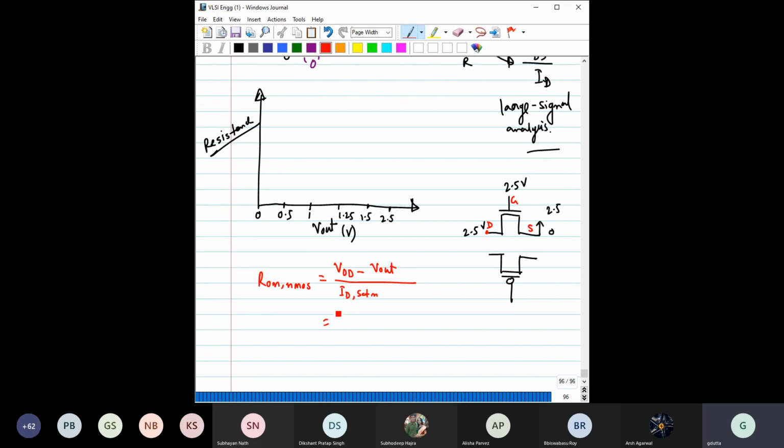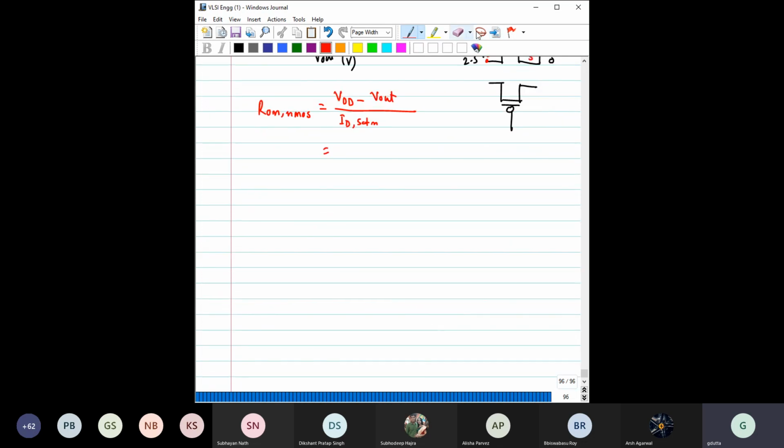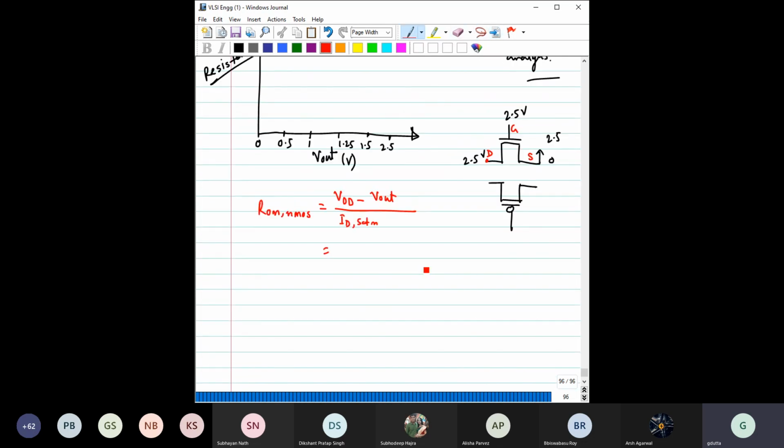So what is this ID sat? Please tell me quickly, because I want to finish this in this class. It is VDD minus V out. There will be some Kn term, right? Kn by 2 into VGS minus VTH.